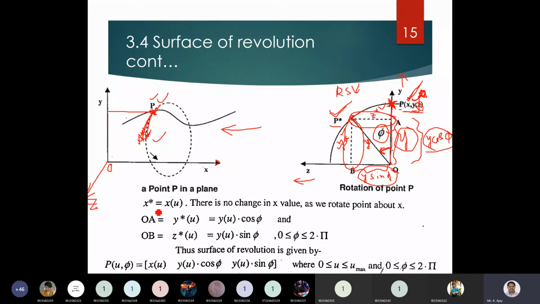Means you can understand the equation here. X star is equal to x of u. Y star is y of u multiplied by cos pi. I am applying cos pi. Similarly, in order to get the z star, I have to apply sin pi.